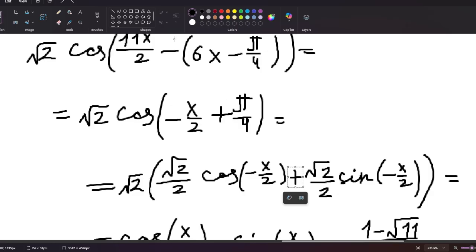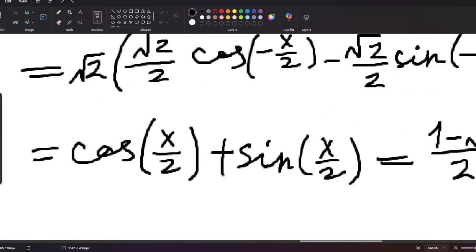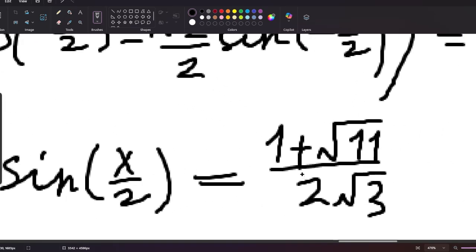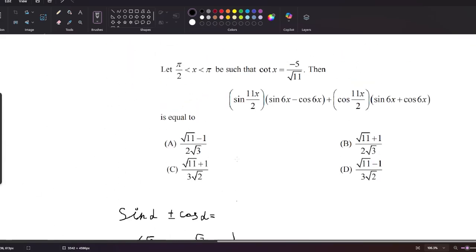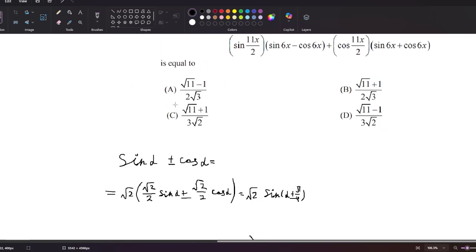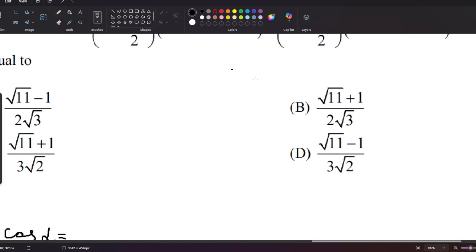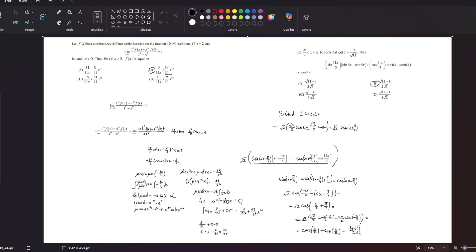Here, I should have either left a minus sign, or I should have made this positive. That was my fault. Okay, I'm sorry, chat. It's gonna be 1 plus root 11. So the answer is B. That was embarrassing.